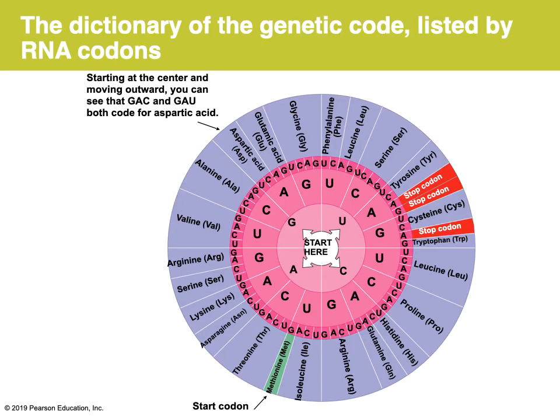So if we look at, again, another round representation of the code, starting at the center and moving outward. The diagram you saw in the lab was starting at the outside and moving inward. This one starts at the center and moves outward. So again, these are all ways of representing the same information.